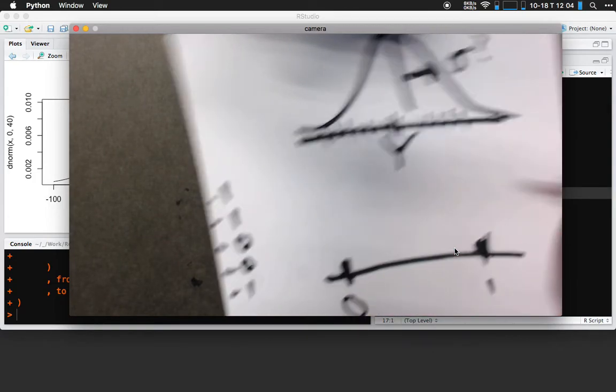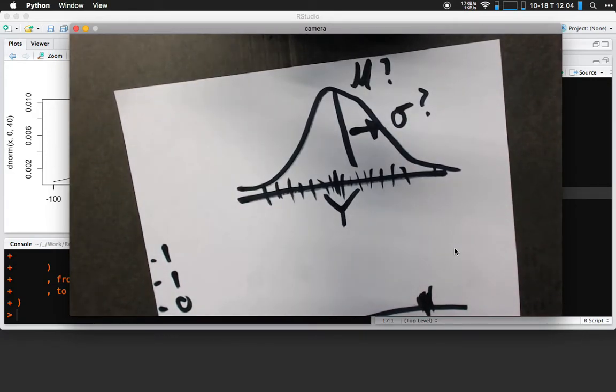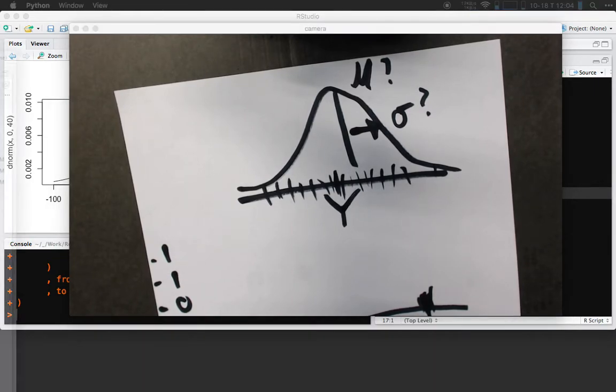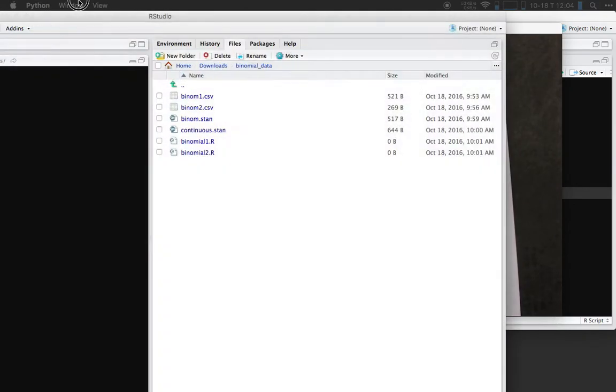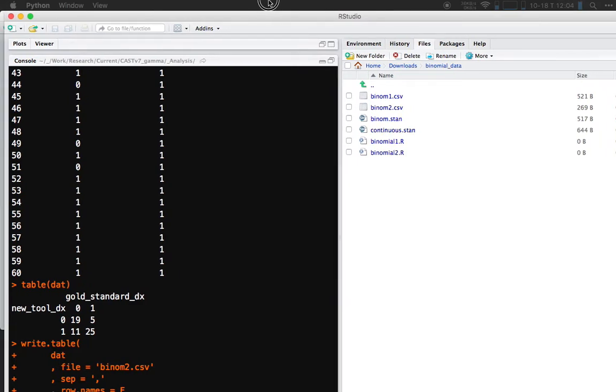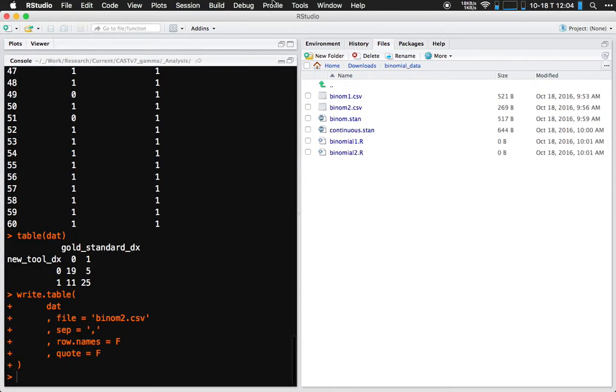So this specifically is a special kind of categorical data where it can only take on 2 values. I emailed you guys a data set. It's a zip file. When you unzip it, it should be a folder, binomial underscore data, that has a bunch of files inside of it.